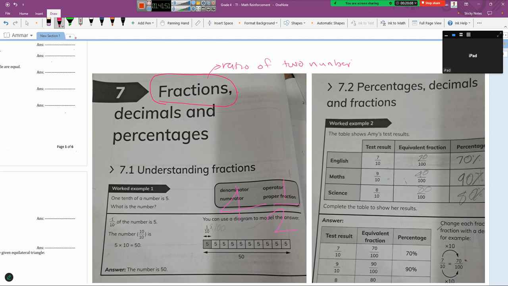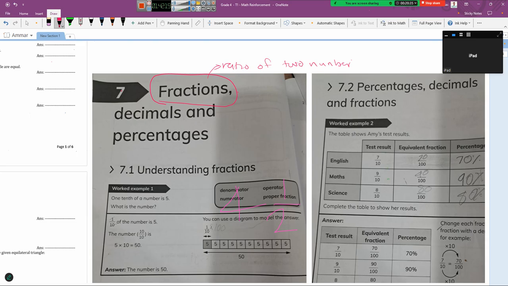Depending on the size of the numerator and denominator, we classify fractions into two categories. What are they? I already explained. Can you repeat the question? You are asking all the time to repeat the question. You should comprehend my question.